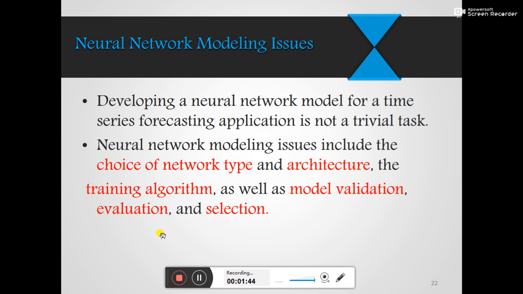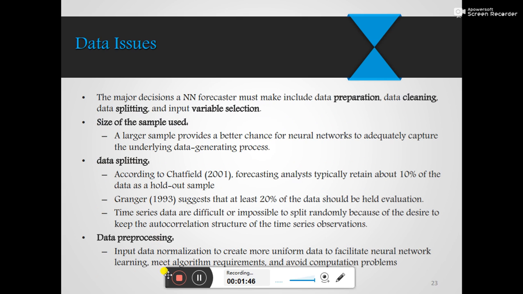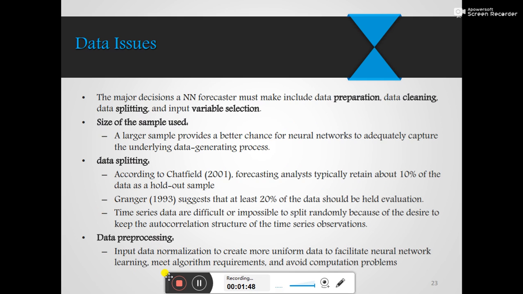to test the data. In case of data, there are various issues, like major decisions a neural network forecaster must make, including data preparation, data cleaning, data splitting, and input variable selection. Also, the size of the sample is an important factor in this scenario. A larger sample provides a better chance for neural networks to adequately capture the underlying data generating process.